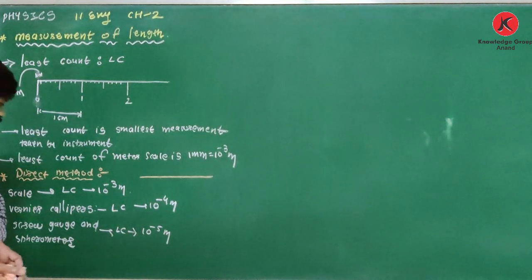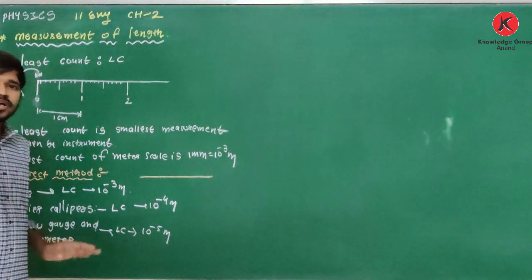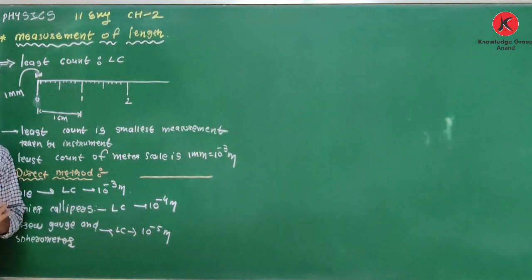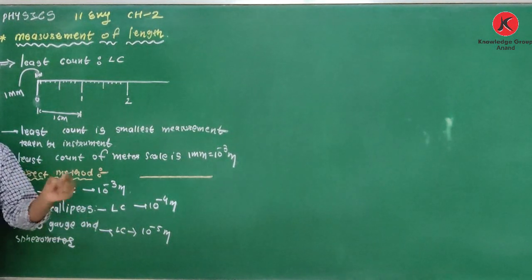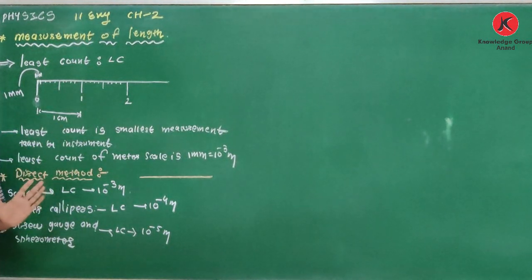Clear about this? So the resolution of a scale is 10 raised to minus 3 meter, of vernier calipers 10 raised to minus 4 meter, of screw gauge 10 raised to minus 4 meter, and spherometer it is 10 raised to minus 5 meter. You have to remember this least count. Least count means they can measure up to this small distance. Clear about this?